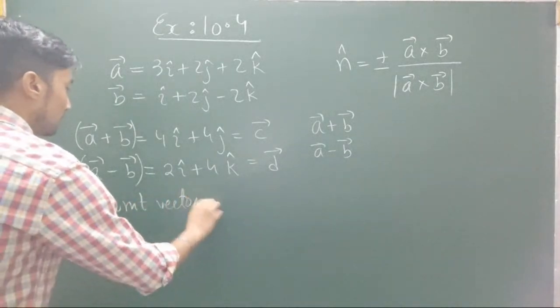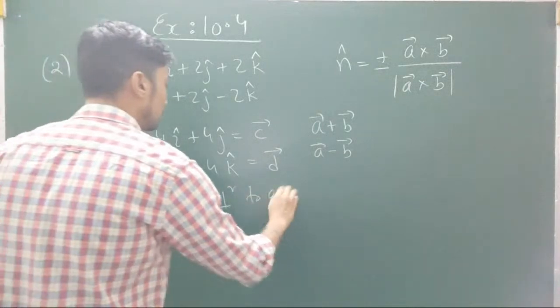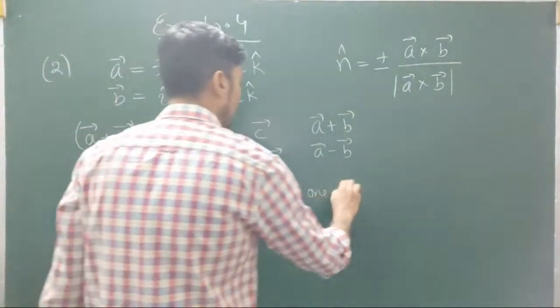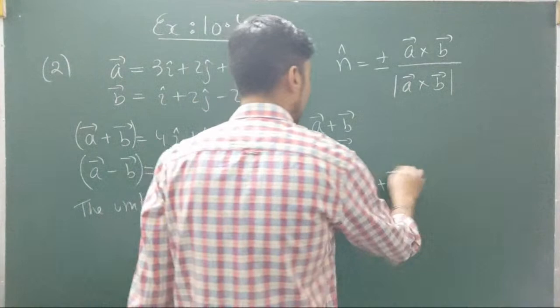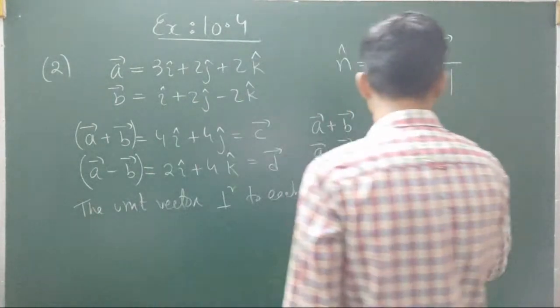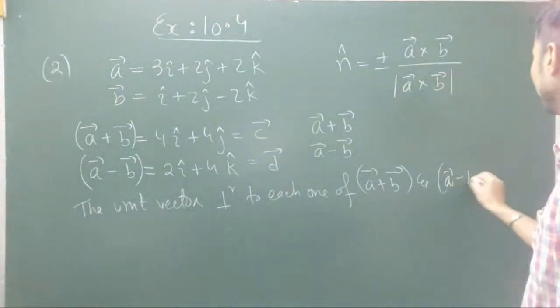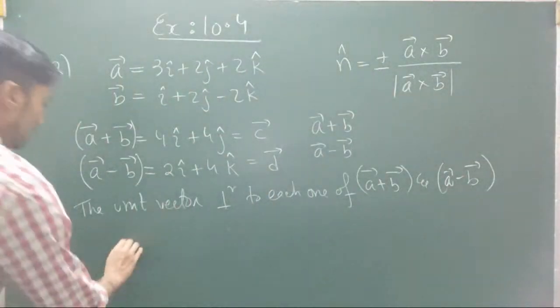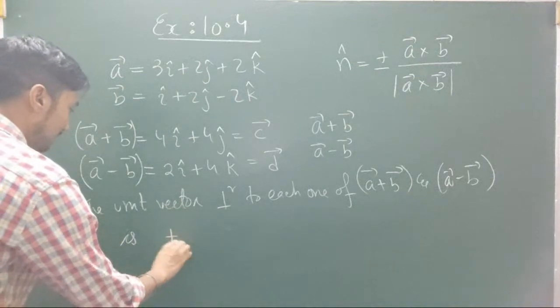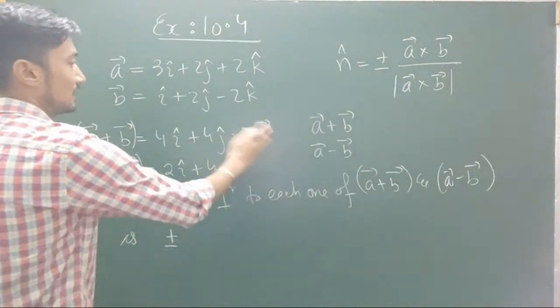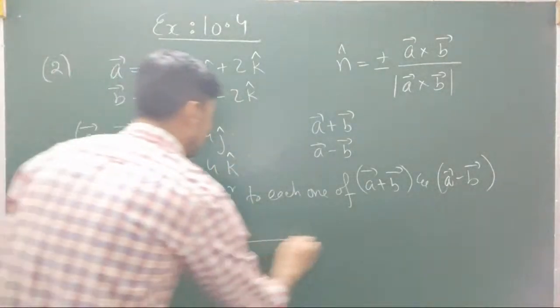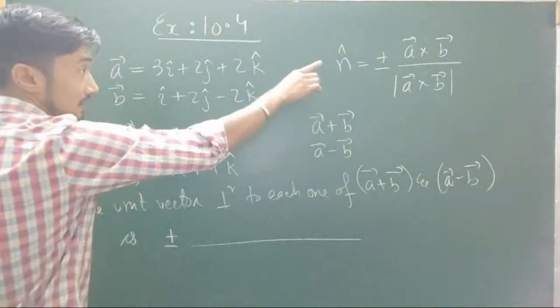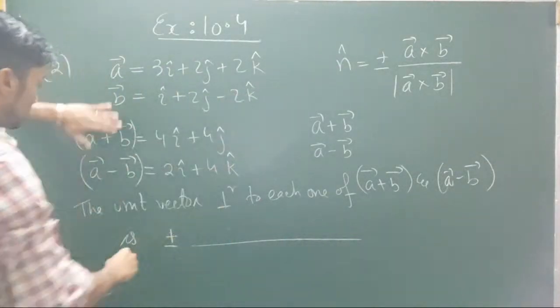unit vector perpendicular to each one of A plus B and A minus B. You can just write it directly also, no problem, no need to write. Equal to plus or minus, as given there, A cross B. But what are the two vectors?